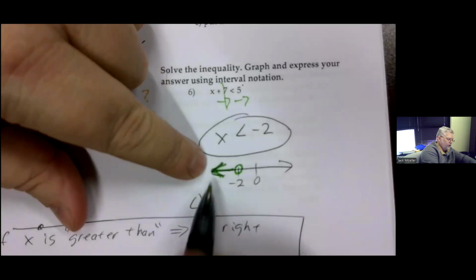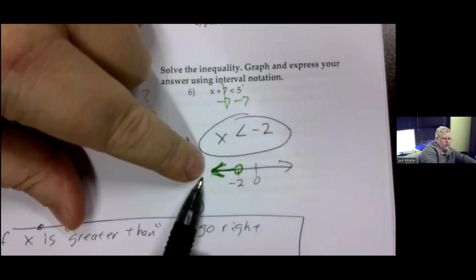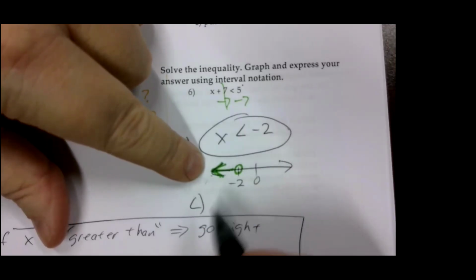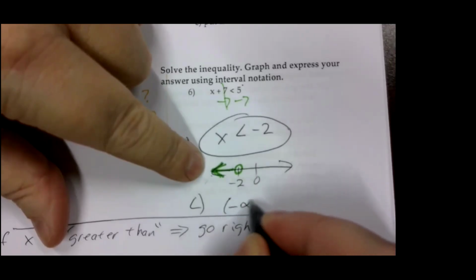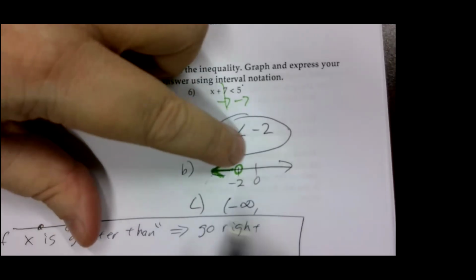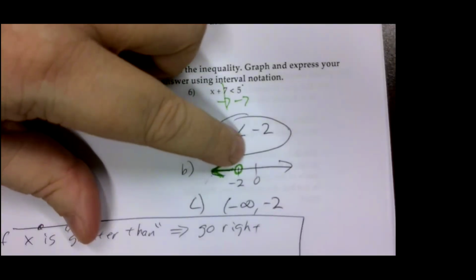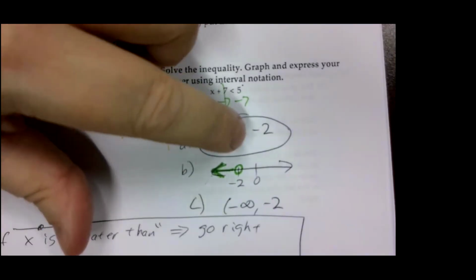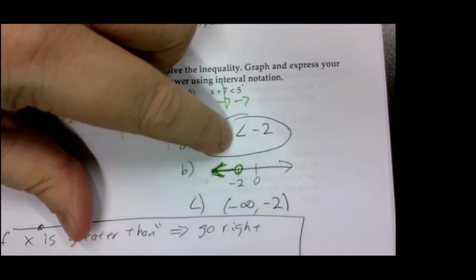So how far left does this go? It goes, and please don't tell me infinity, it's negative infinity. Always use parentheses with positive or negative infinity. And then to the right, we go to negative 2. Is that parentheses or brackets? Open circle, no equals, and it's parentheses.